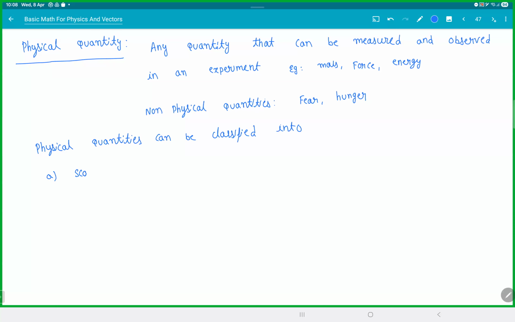Tensors we will not study. We don't have it in the portion. Even when you go to engineering, if you are doing mechanical or civil, only then you will learn. Other branches, you will really not touch tensors. It's mathematically a little more complex, but those are really fundamental when you're into construction or design and stuff. So scalars, vectors, and tensors.